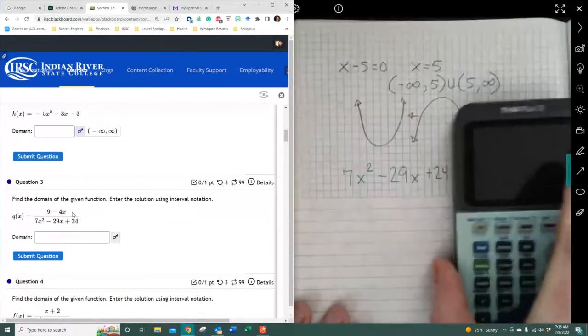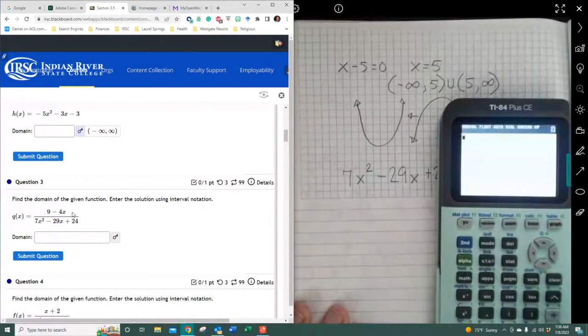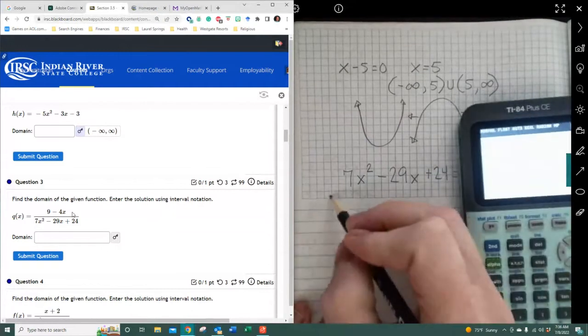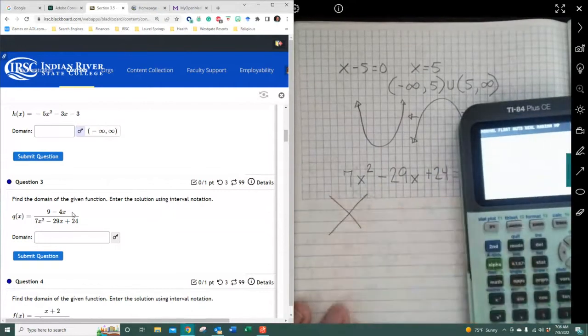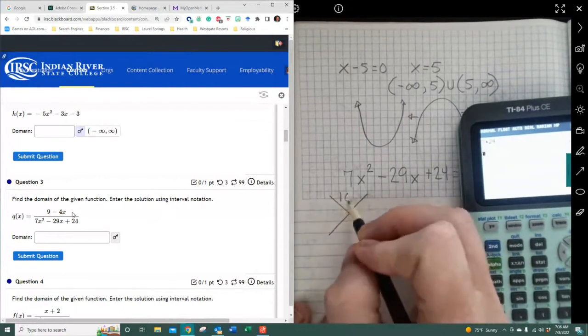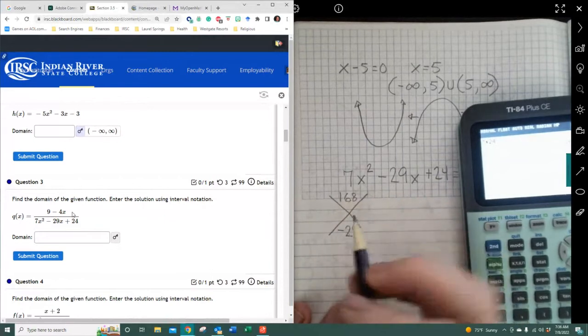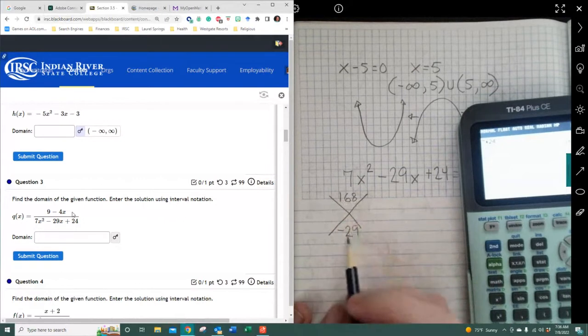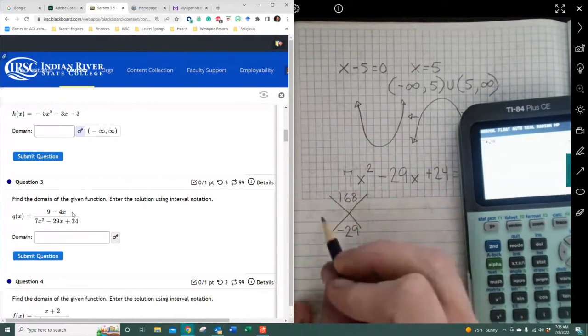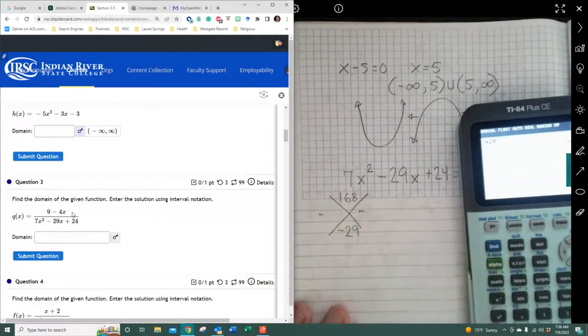Now, the way I've been trying to instruct you is the AC method. So you take 7 times 24, get 168, and you're looking for two numbers that multiply to that and add up to a negative number. So it's automatically going to be two negative numbers, and they're going to have to be pretty close together.